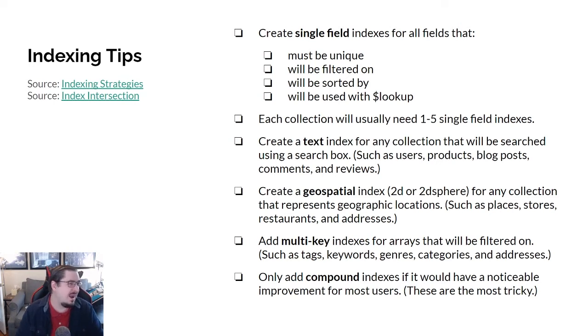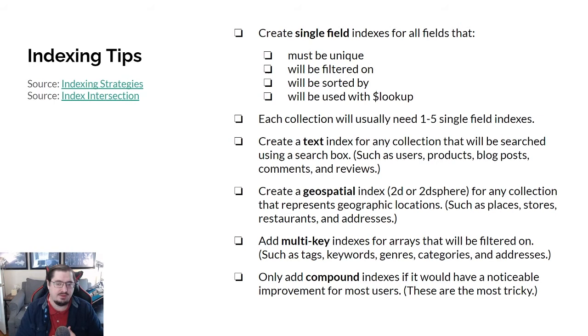I would expect you to have maybe 3 things to filter by, but I wouldn't expect you to have like 10 different filters. Does that make sense? So that's kind of where I would play that. Single field indexes, there should be 1 to 5 per collection.